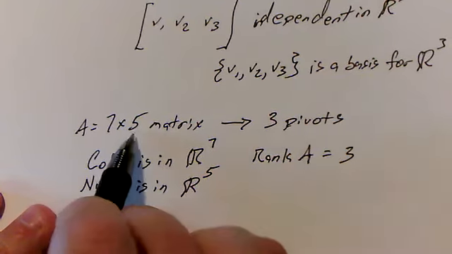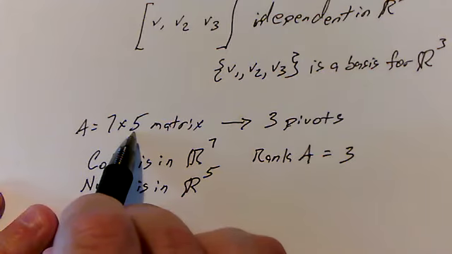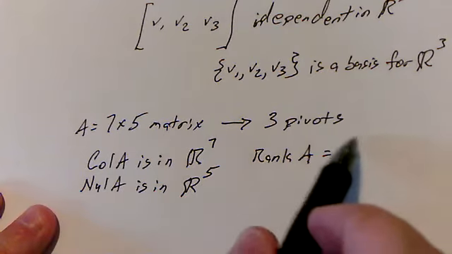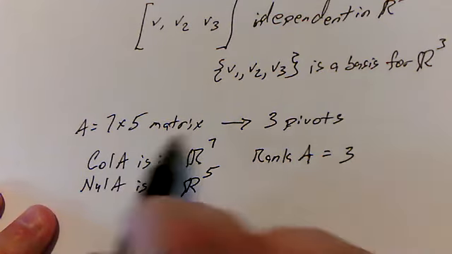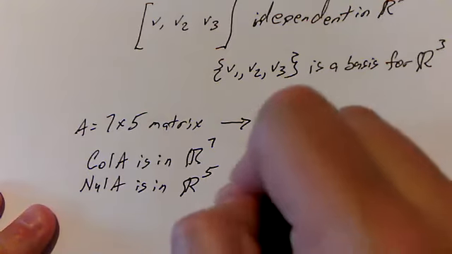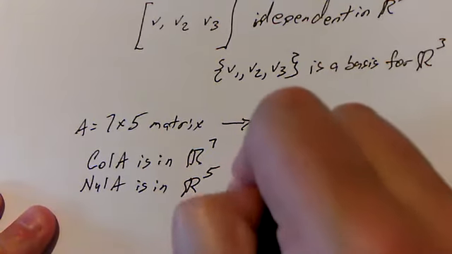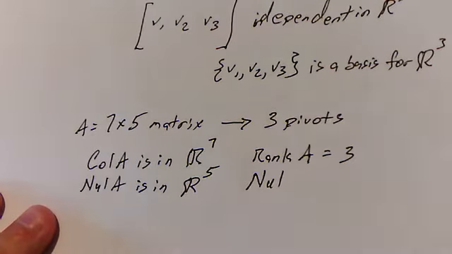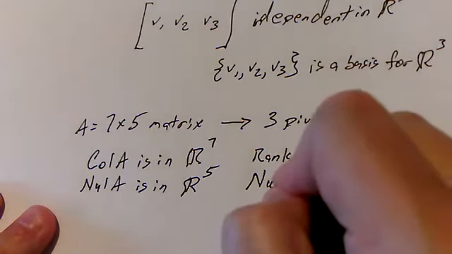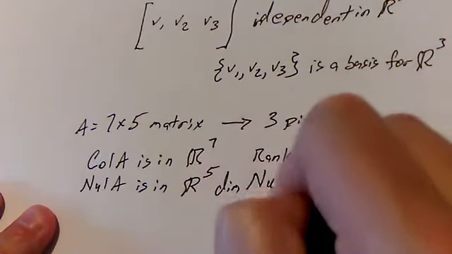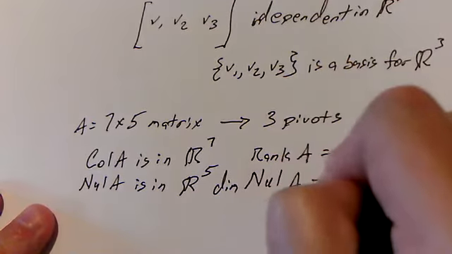Now, I have 5 total variables. Three of them are basic variables based on the rank. That leaves 2 left over by the rank theorem, or the rank nullity theorem. That's just another name for it. You can just call it the rank theorem. Nothing to worry about there. Which means that the dimension of the null space is equal to 5 minus 3.